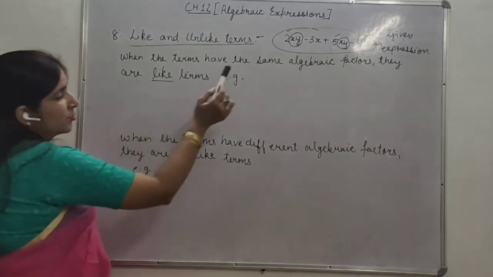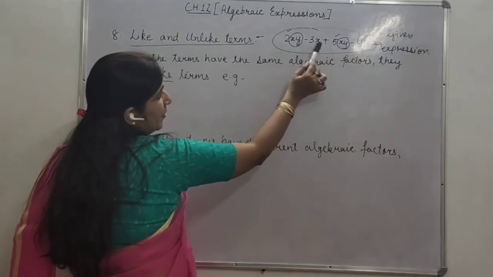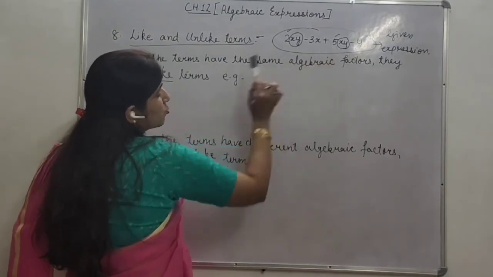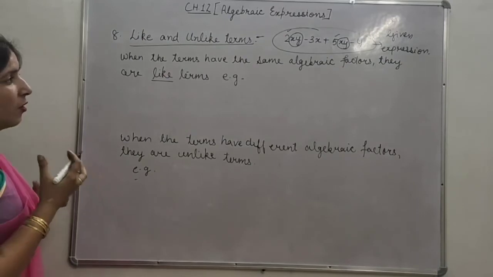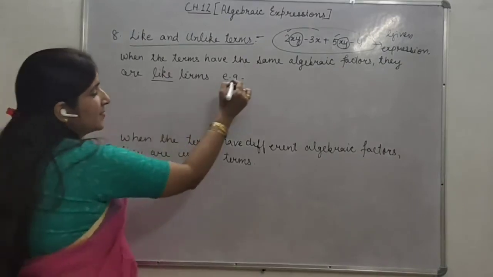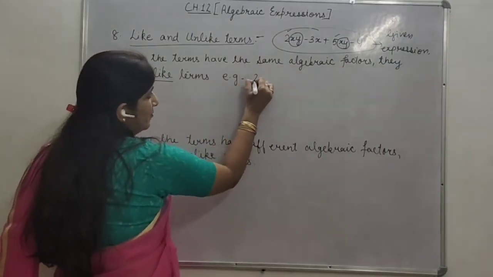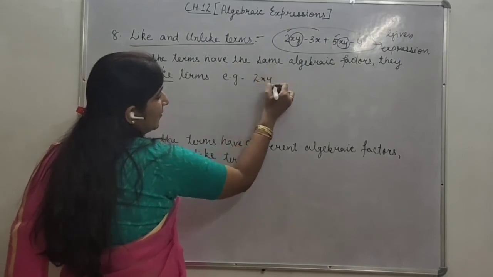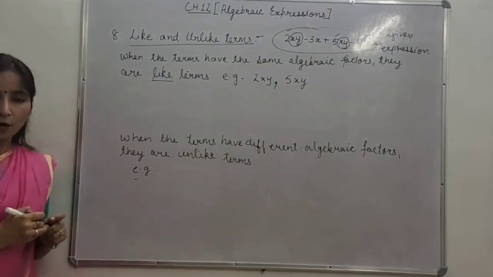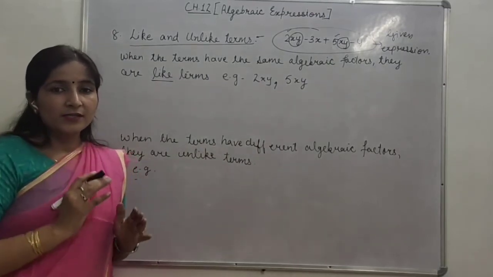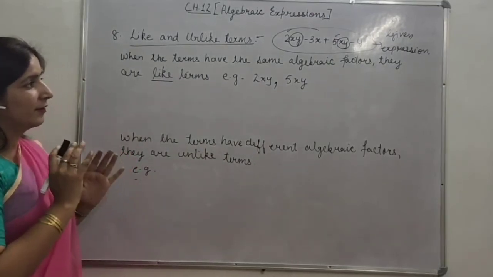So these are the two terms in which the algebraic factor is the same. So these two terms can be called like terms. So the like terms in this given expression are 2xy and 5xy, because they have the same algebraic factors.